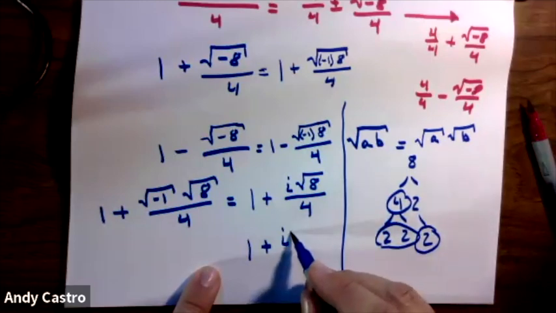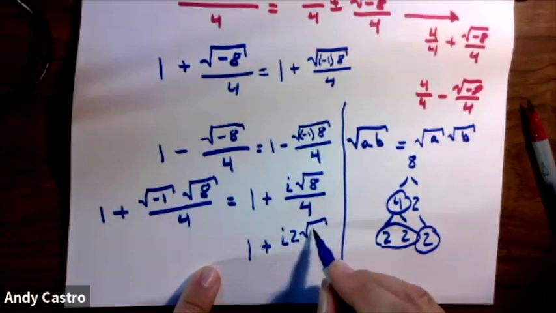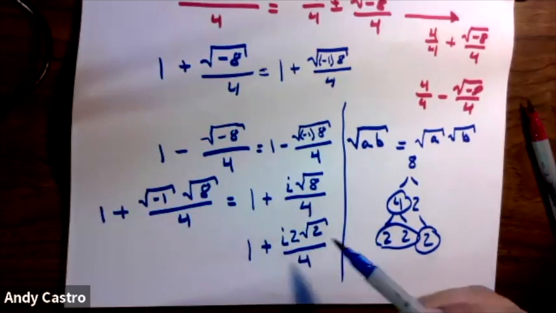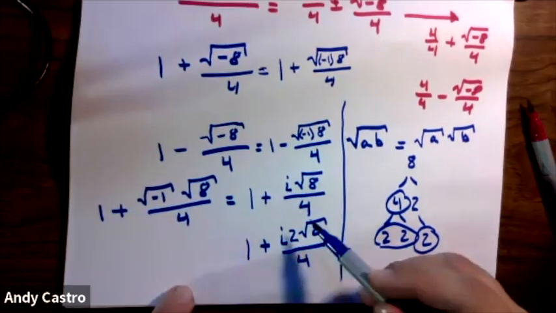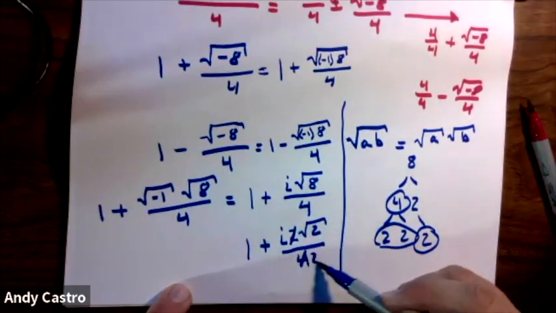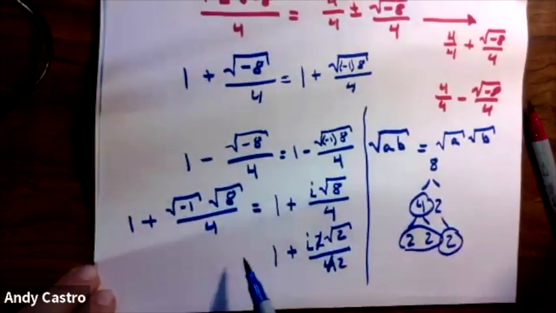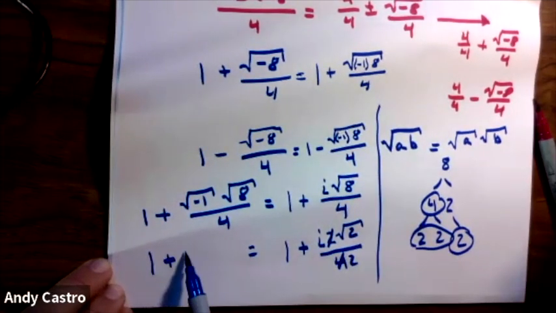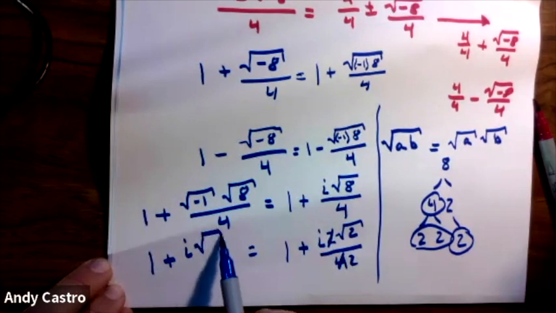The square root of 4 is 2, and the square root of 2, all over 4. That 2 and that 4 are going to simplify. The 2 can go away, and this becomes 2. So then we're left with 1 plus I times the square root of 2 over 2.